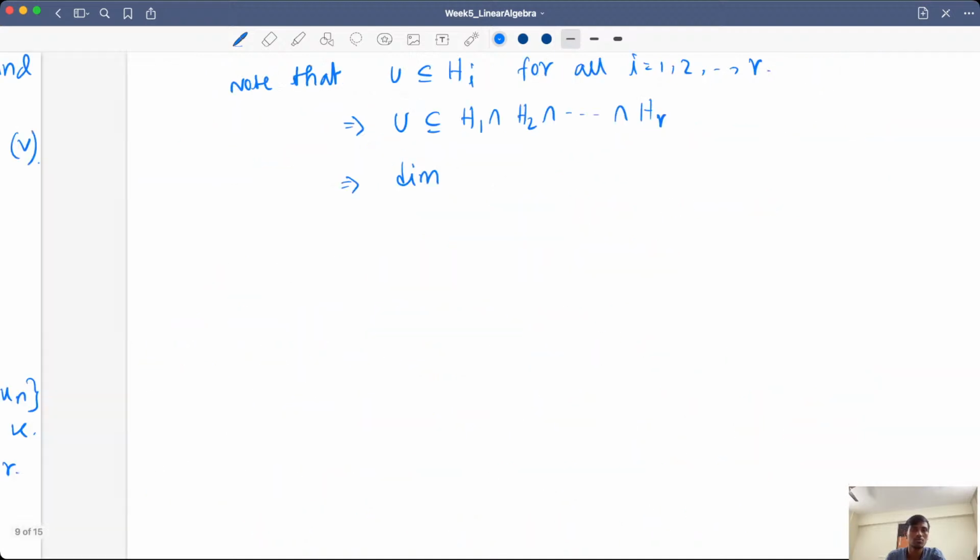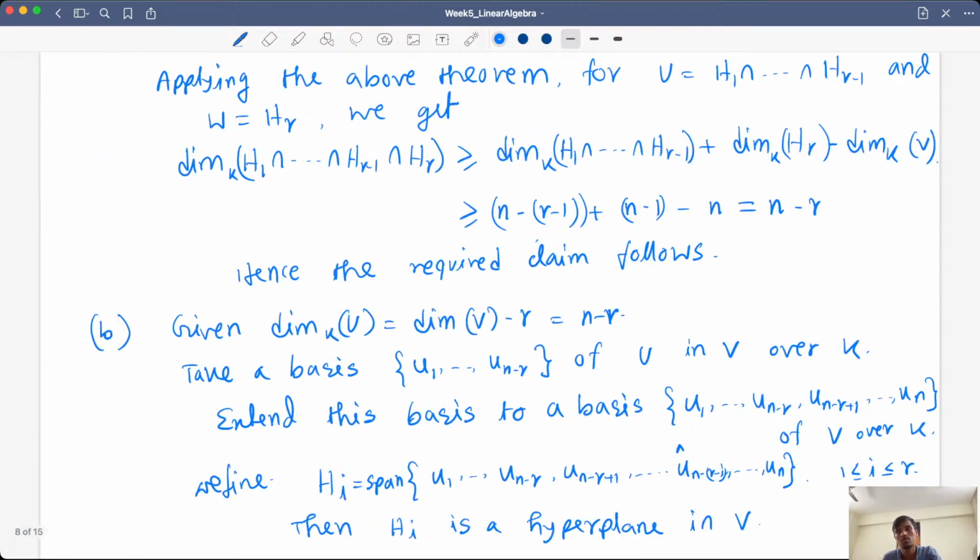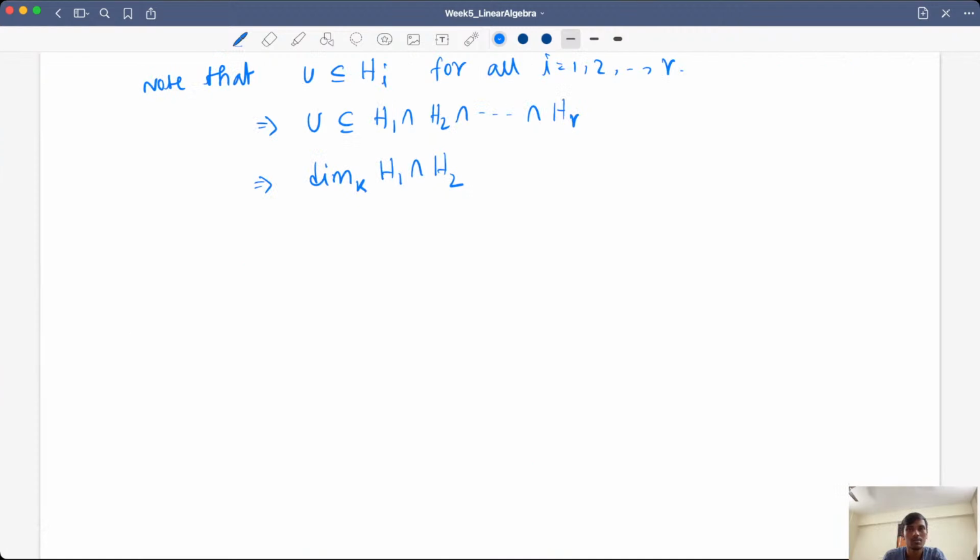So the dimension of H1 intersection H2 intersection Hr, and also this is containing U. You don't need to go to dimension. This implies you have Hr exactly equal to U.